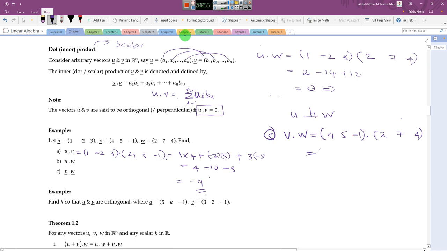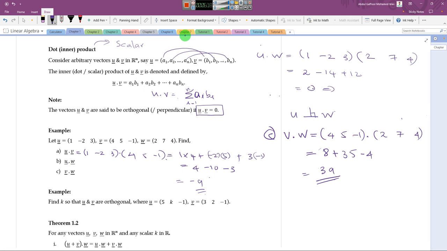So it will become 4 into 2, 8, plus 5 into 7, 35, minus 4, so it will be equal to 39. Okay, right. So now we will move to the next example.